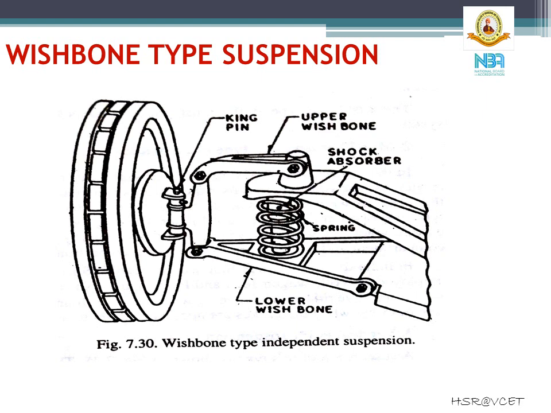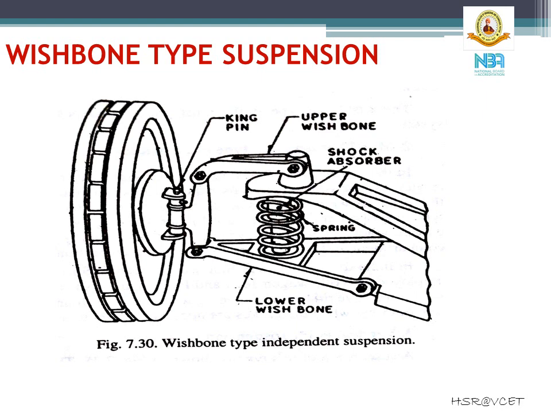The wishbone arms are like letter V in shape, because of which the system is so called. Because of this V shape, the wishbone not only positions the wheel and transmits the vehicle load to the spring, but also resists acceleration, braking and cornering forces. The upper arms are shorter in length than the lower arms.